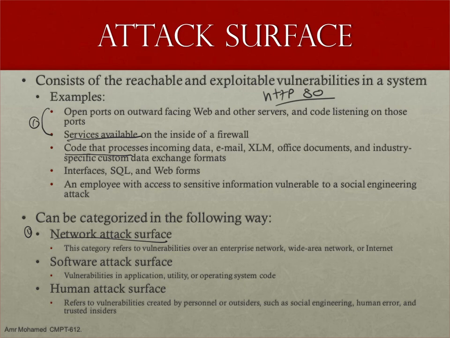These 2 we can group into software attack surface, when you have some code exposed or some web forms or something like this. So it's just a categorization of these examples. Of course, the last one is clearly the human attack surface. Okay?